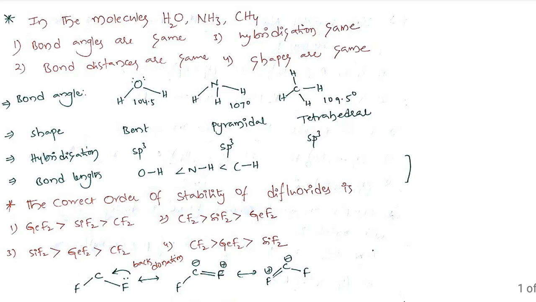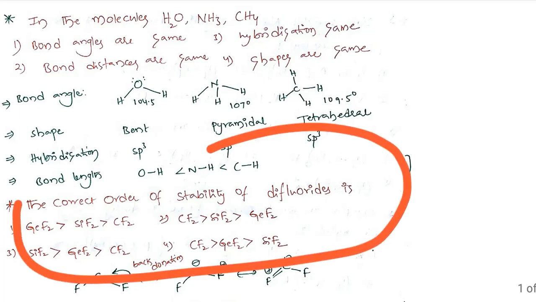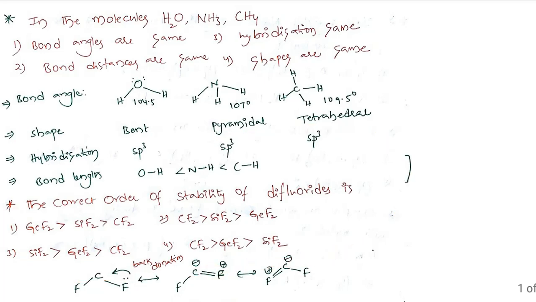Okay, right. Next one: the correct order of stability of difluorides is... To give the correct order we need to look at CF2, in which fluorine has a lone pair of electrons on it, and it is ready to back donate to that carbon.